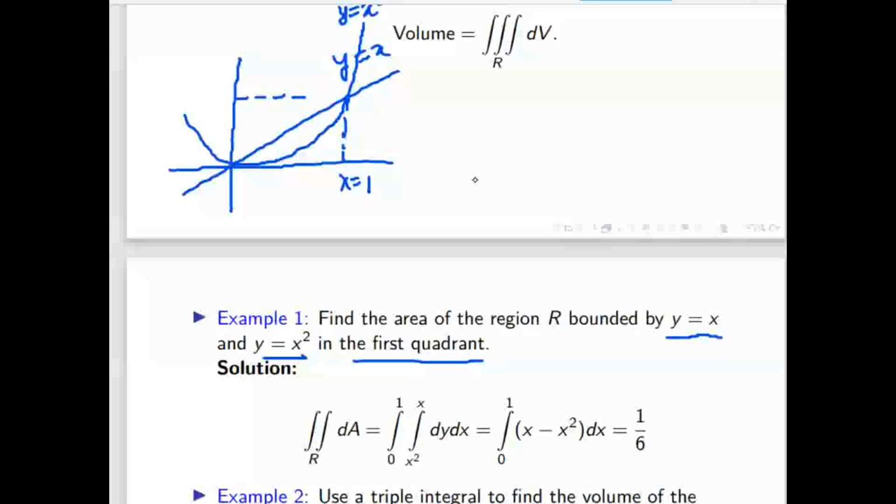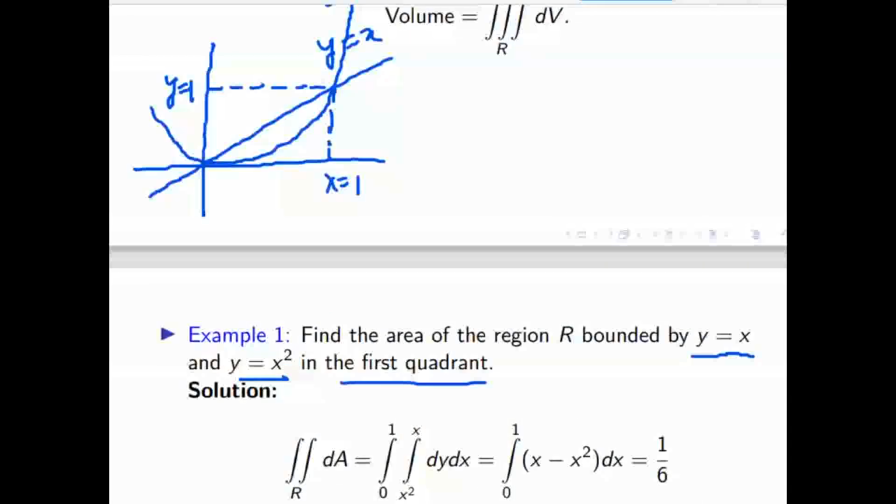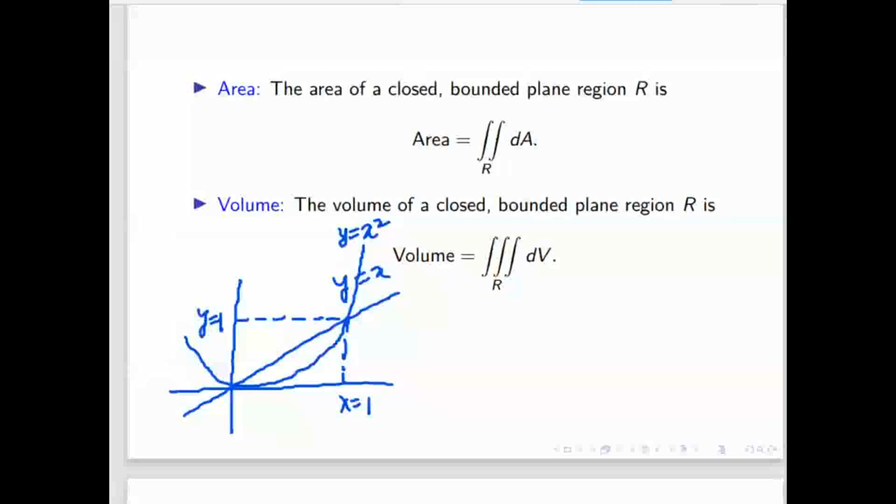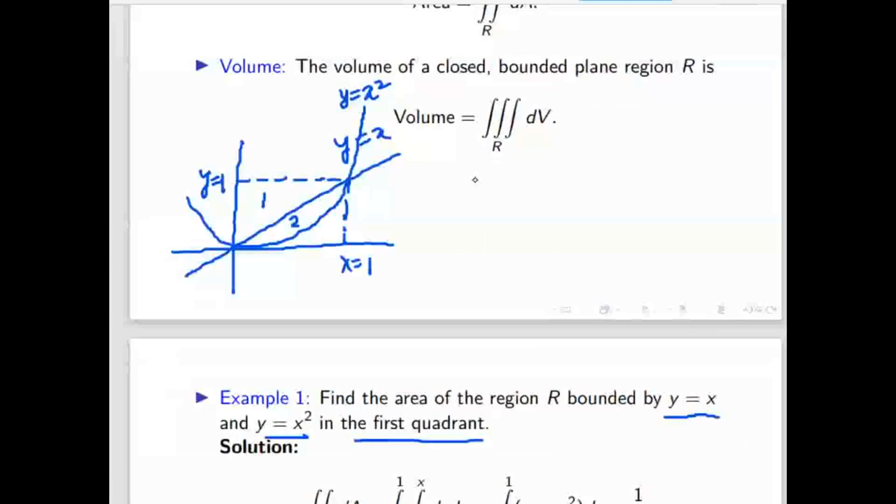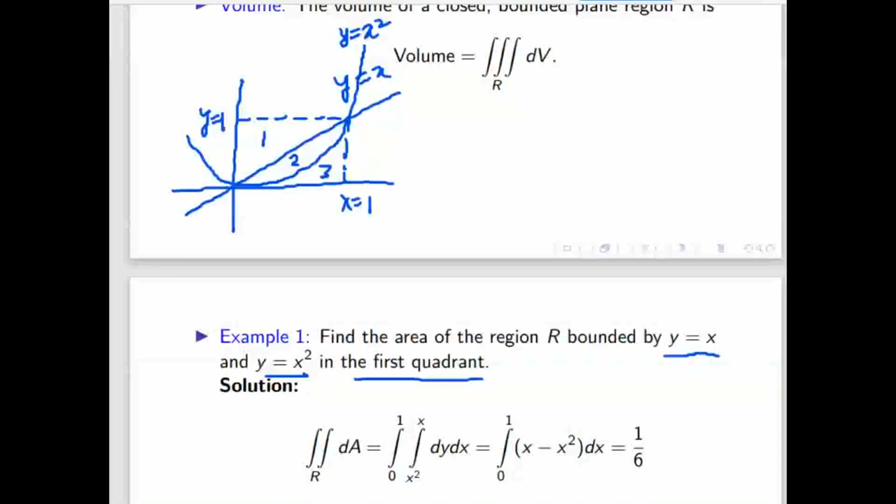So now tell me which region is the region of integration. Here I am just putting the numbers, region 1, 2, 3. The question is to find the area of the region bounded by these two curves. So which region do we have to find the area of? Region 2.